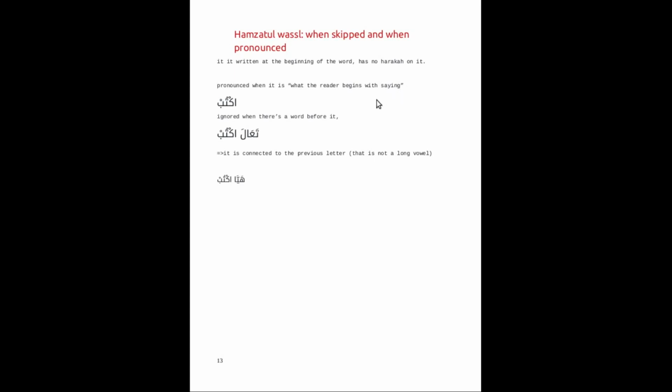For example, if I want to say to someone, write, I would tell him, uktub. You see, this is the sound of this line, and I began my sentence with it, and the u is pronounced here. And the hamzatul wasl is ignored when there is a word before it.